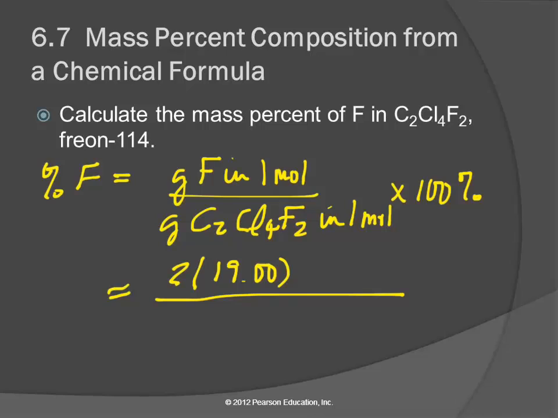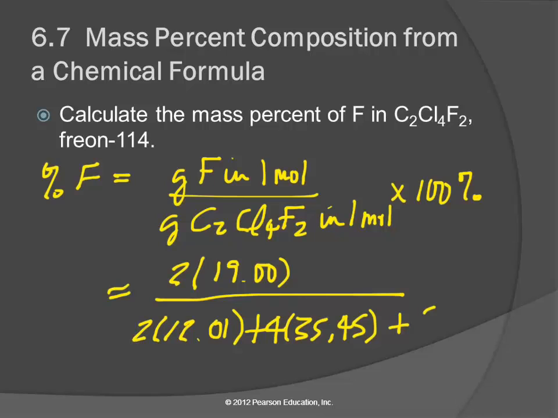Then the bottom one, we just calculate the molar mass of that compound. So that's 2 times the mass of carbon plus 4 times the mass of chlorine plus 2 times the mass of fluorine, times 100.